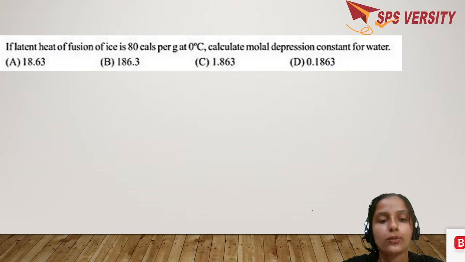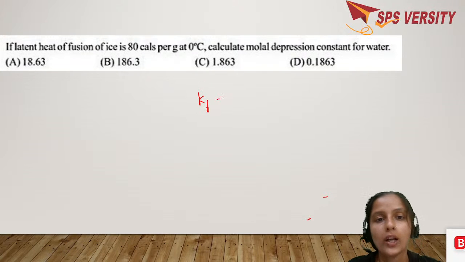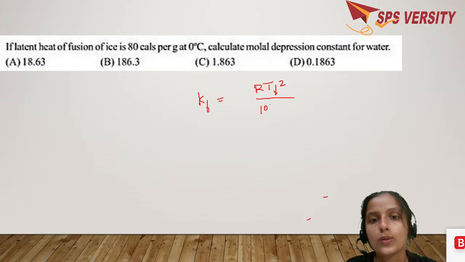The latent heat of fusion they have given. You have to find the molar depression constant. So what is the relationship you have? Molar depression constant, that's Kf is equal to R Tf square divided by 1000 into the heat, that's latent heat of fusion.